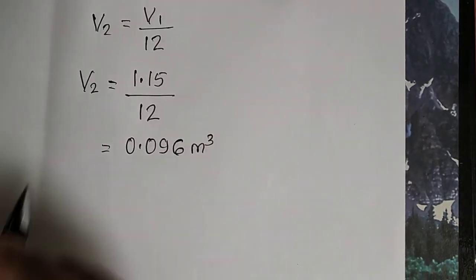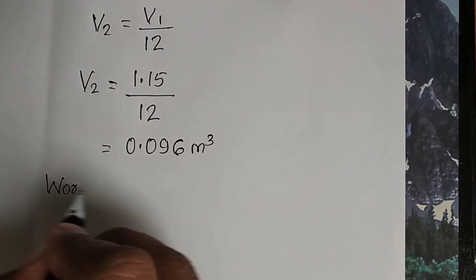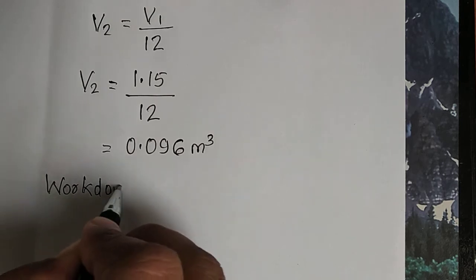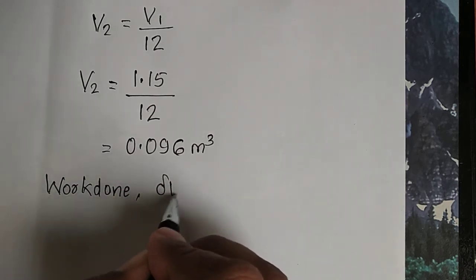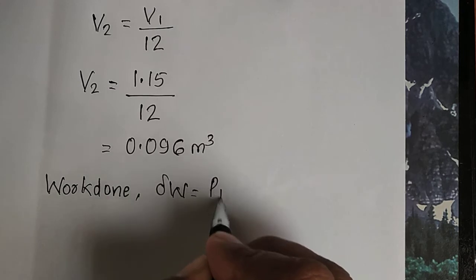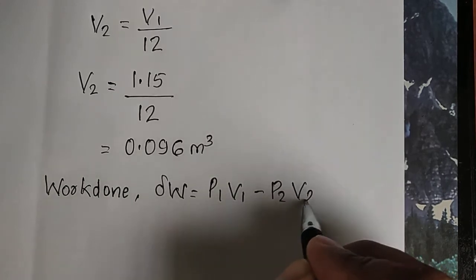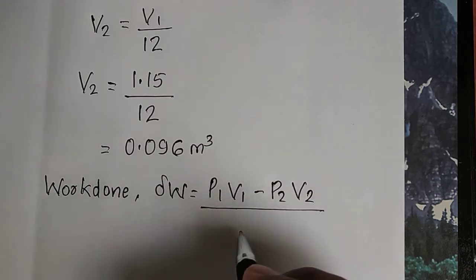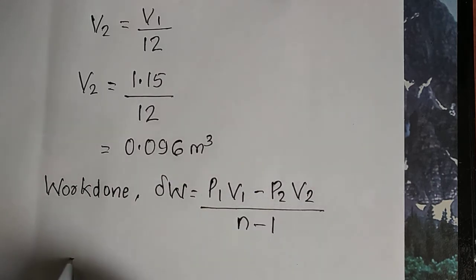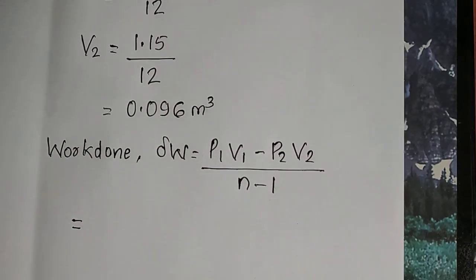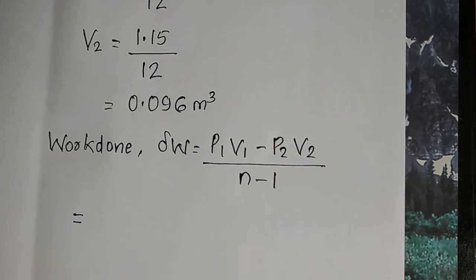Then find out the work done. So work done, dou W, will be equal to P1 V1 minus P2 V2 divided by n minus 1. I repeat, it is P1 V1 minus P2 V2 divided by n minus 1 is the work done.